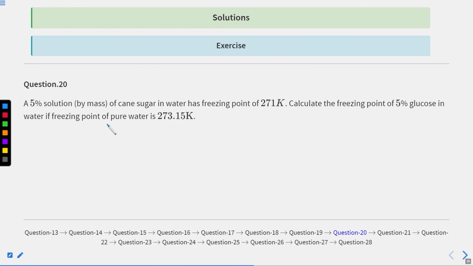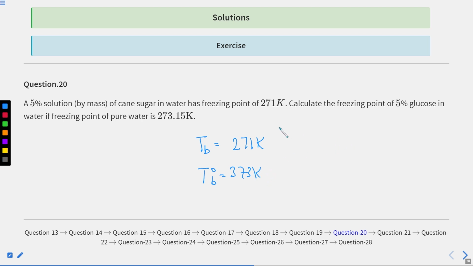Next question says a 5% solution of cane sugar in water is freezing at 271 Kelvin. Okay, so the freezing point is given. This is T of the solution. And we already know the freezing point of water is 373 Kelvin.